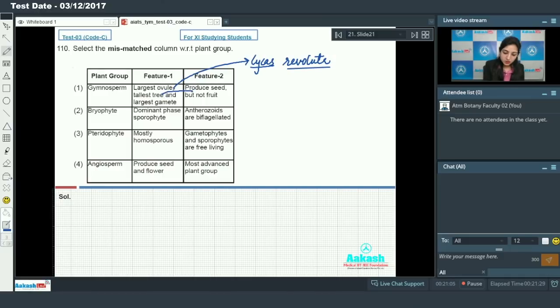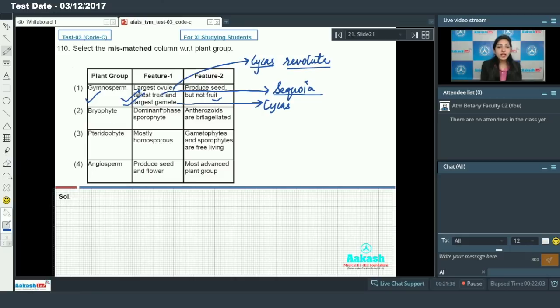Tallest tree: Sequoia is one of the tallest trees. And both the largest male and largest female gamete are found in species of Cycas. So this is true. Feature 2: it produces seed but not fruit. This is correct. So the first option is correct.